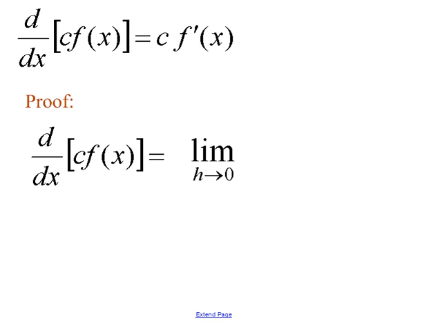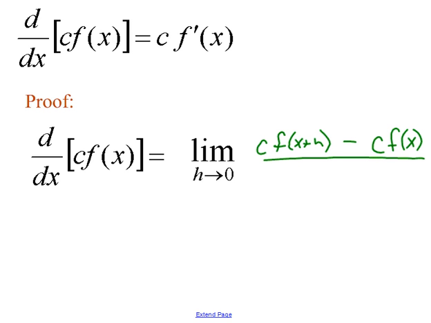We know our definition is f of x plus h, so everywhere there's an x, I put an x plus h, minus f of x, which in this case is c times f of x, all over h. Now, if you look at the top, I can factor out a c because they both have a c in them.